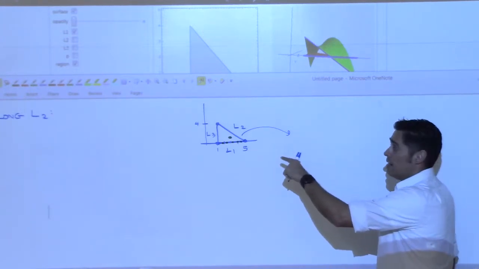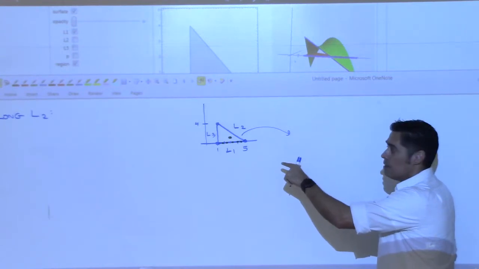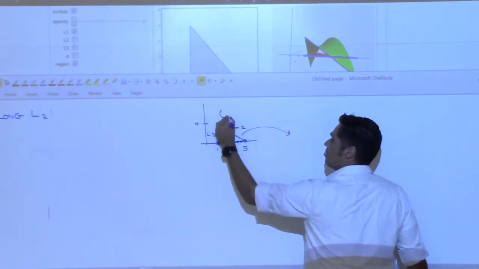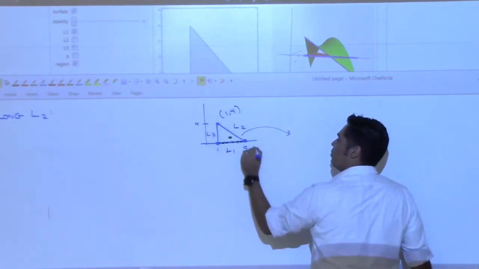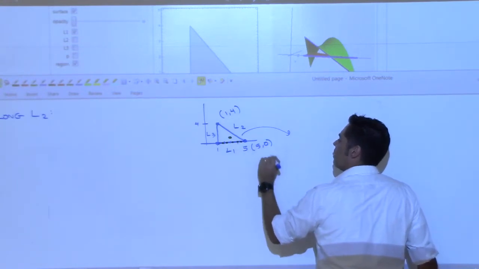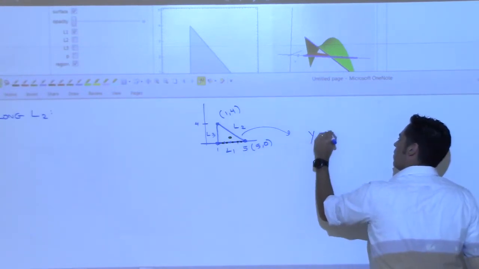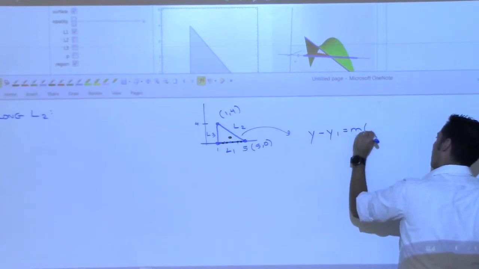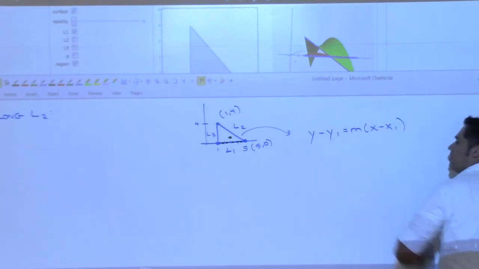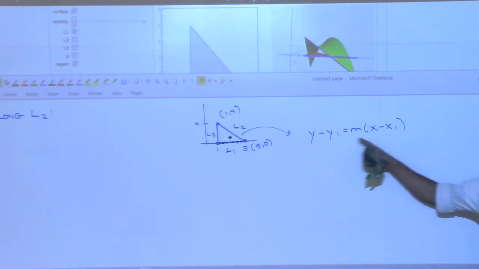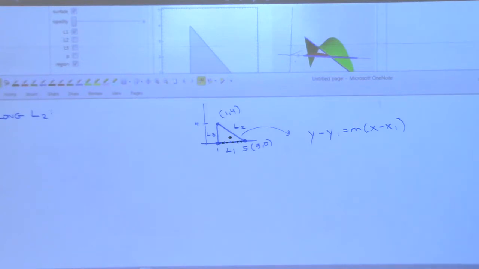That's what we need to find, the equation of this line. So we have 2 points, right? The point here is the point 1, 4. The point here is 5, 0. So we're going to go back to this good old formula from college algebra. Used it in Cal 1 a lot. This is the equation of any line. So we just need the slope first. So rise over run. You just get -1, I believe, right? So I'm just going to let you do that.